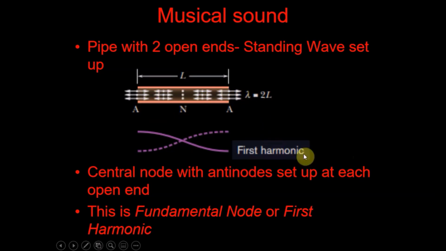Now this will set up essentially the first harmonic here. As you can see, here's the two antinodes at the ends and a node at the center. This is what's referred to as a fundamental mode, or the first harmonic in this particular case. And this is probably the most basic way of setting up a tone or musical sound.